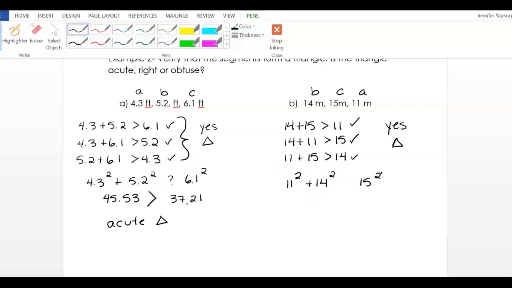So if I go ahead and add 11 squared plus 14 squared, I should get an answer of 317. And then 15 squared, I know, is 225. So 317 is larger than 225. So just like our last example, the sum of A squared and B squared is greater. So then that means that this must be an acute triangle.